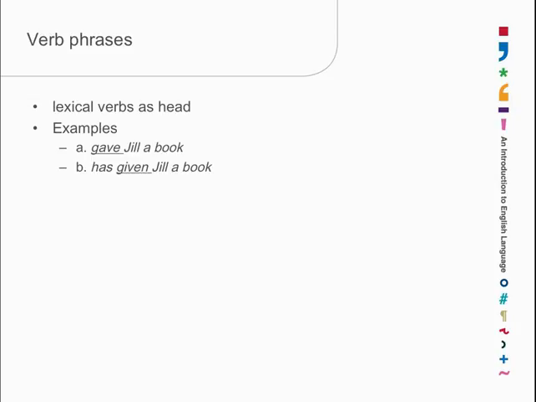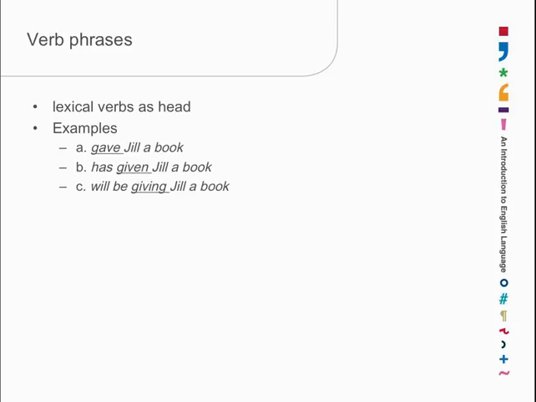Gave and given are both grammatical word forms, but the lexeme is the lexeme give. Will be giving Jill a book has the same lexeme as its head. So we'll call this a lexical verb, and in each case, regardless of the different morphological forms it has, we'll say that that's the head of the whole verb phrase.